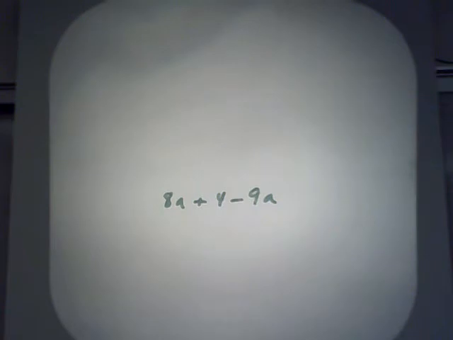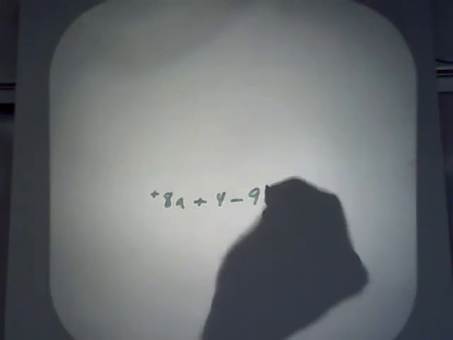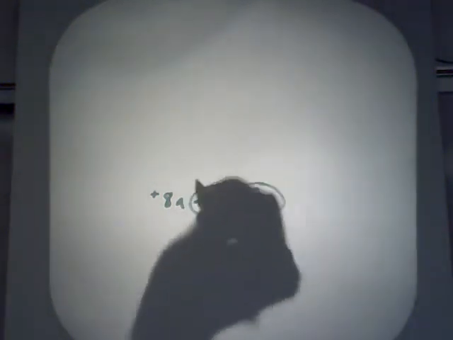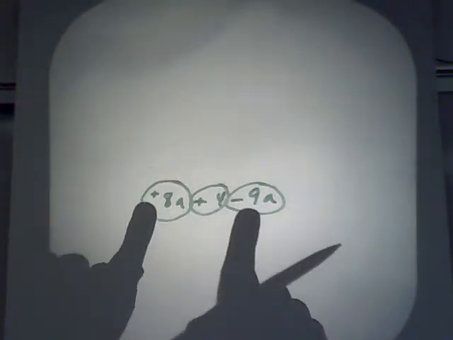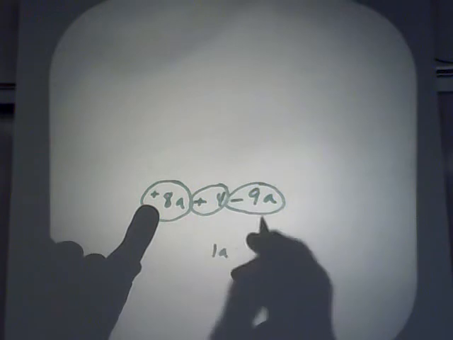They're coming. But I do have a missing sign. Circle my terms. I got a negative 9a, a positive 4, and a positive 8a. Okay, my signs are different. Subtract. Keep the sign of the bigger looking number. I got negative 1a, and I just got dopey positive 4 to bring down. I can't put him with anything else. Can I solve it? No, but I can simplify or combine my terms.